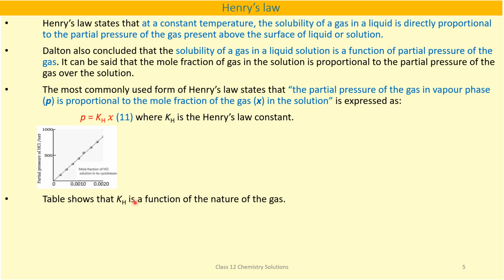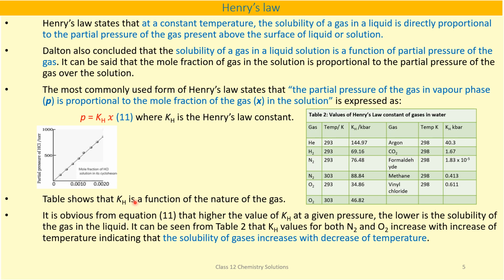In addition, we can also show a table of the relationship between gas, temperature, and Henry's constant for different gases like helium, hydrogen, nitrogen, oxygen, etc. Please go through the table.